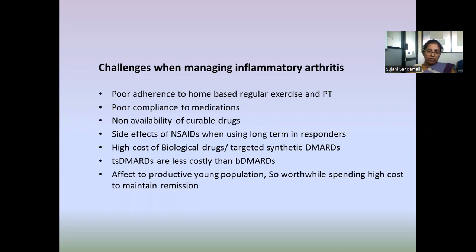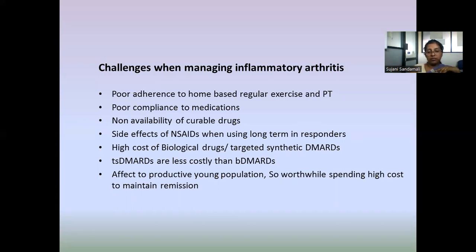Then side effects of non-steroid anti-inflammatory drugs when you are using them for responders, there are no clear guidelines on how long those are to be used, and in most of the patients we might have to continue those drugs for a long time. So the related side effects are also considerable. Then the high cost of biologics, both biologics as well as the targeted synthetic DMARDs are costly, but out of those, the targeted synthetic DMARDs are less costly compared to biologics.